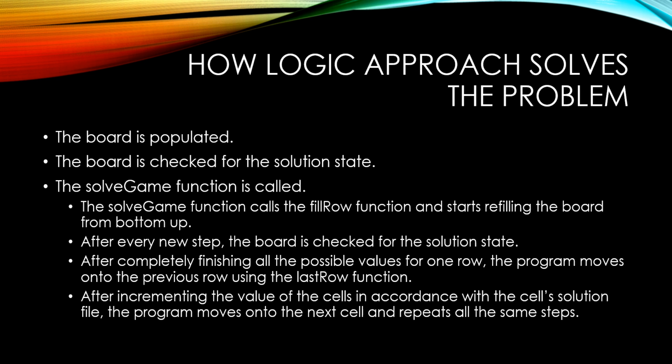We open the files from the fill row function. It generates a new directory using the constraints name as well as the number of cells in that row, and we change it.